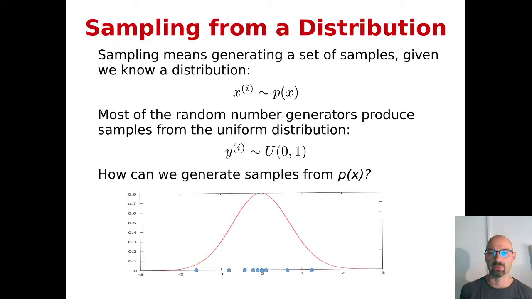So each value between 0 and 1 has the same probability of being picked. The construction of pseudo-random numbers is a whole other story, but let's assume that we have a basic primitive random number generator that is able to give us uniformly sampled values. So if we ask it, give me a sample, it will return a value between 0 and 1, which is equally likely as any other value between 0 and 1.